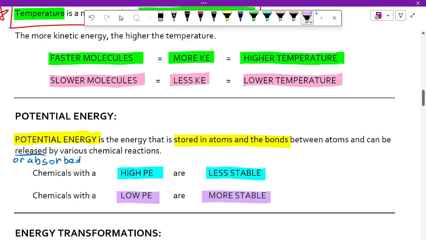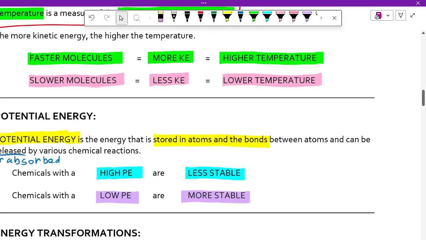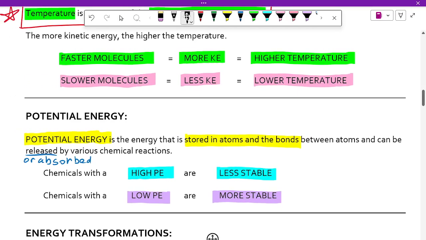If you think about a ball on a hill, the ball at the top of the hill, is that at a high potential energy or low potential energy? That's at a high potential energy. Is it stable there? Is it going to stay there forever?